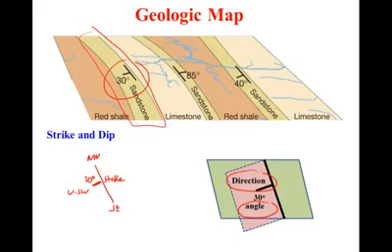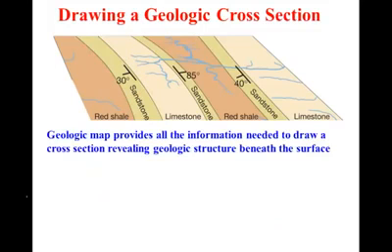In other words, the sandstone in this area makes a 30-degree angle. Dip is measured down from the horizontal. Makes a 30-degree angle with Earth's surface. And it's dipping towards the west-southwest. So a geologic map provides all the information we need to be able to draw our geologic cross-section.